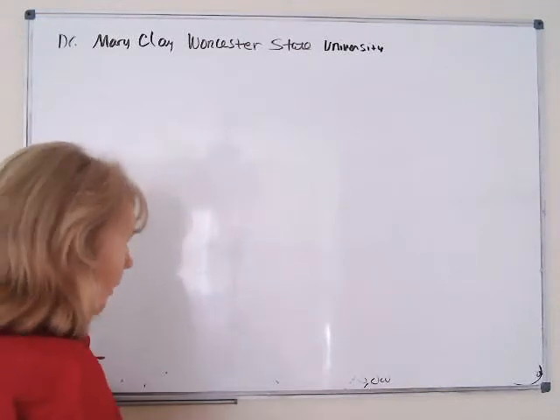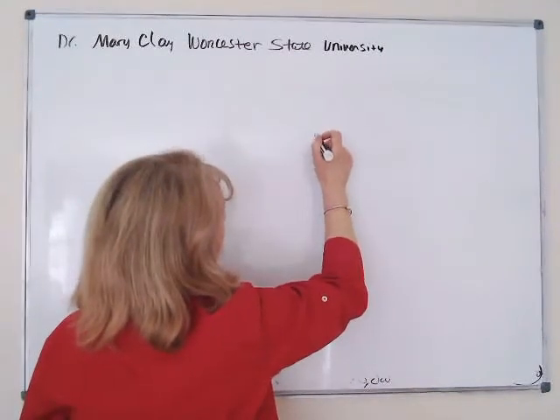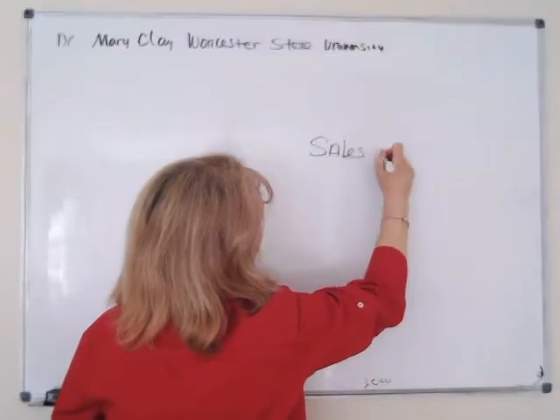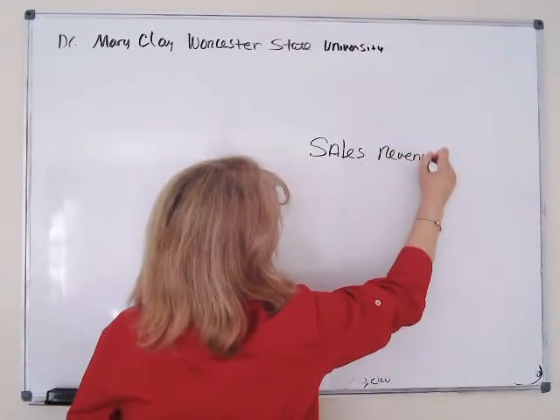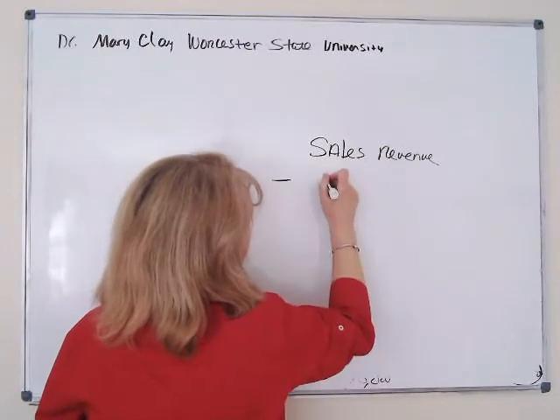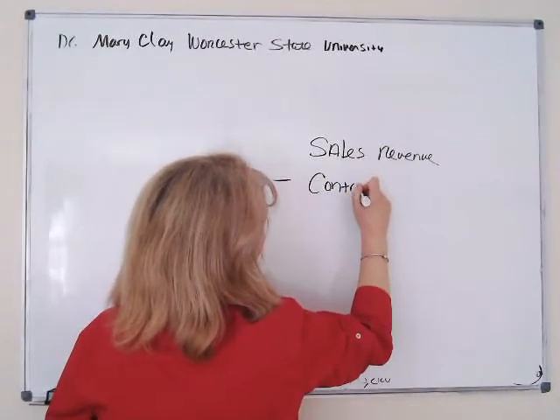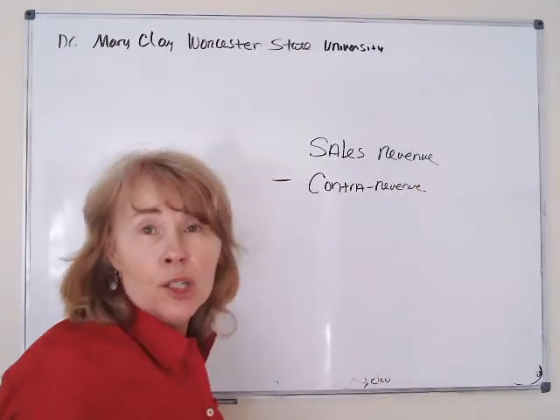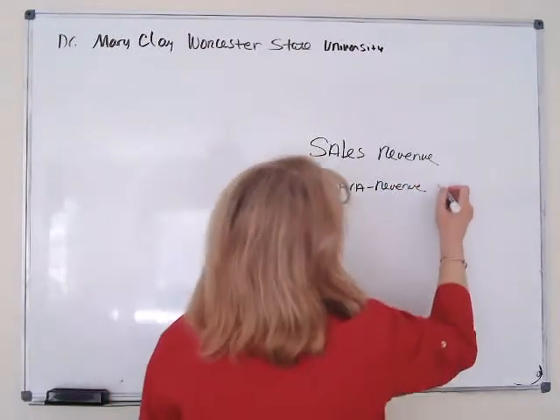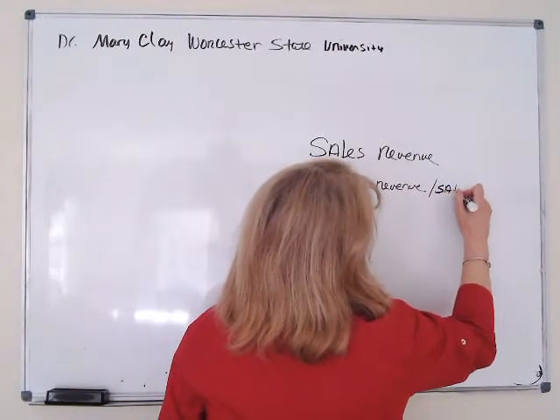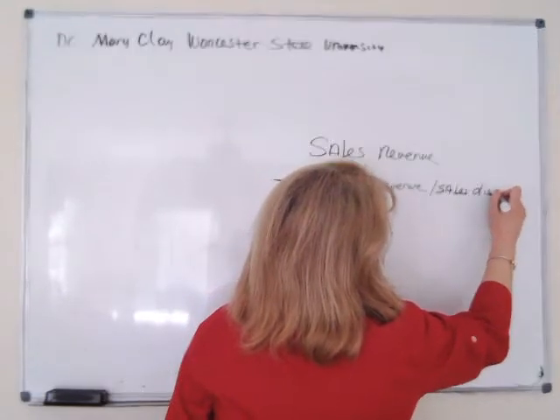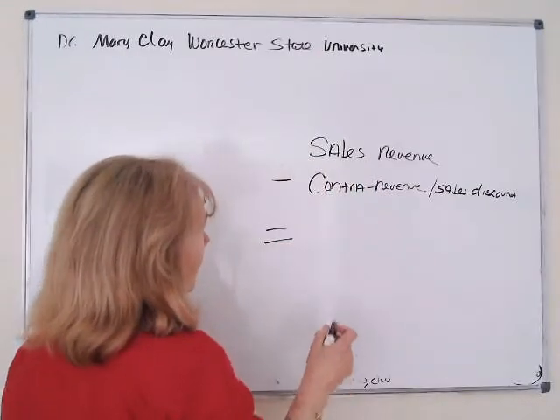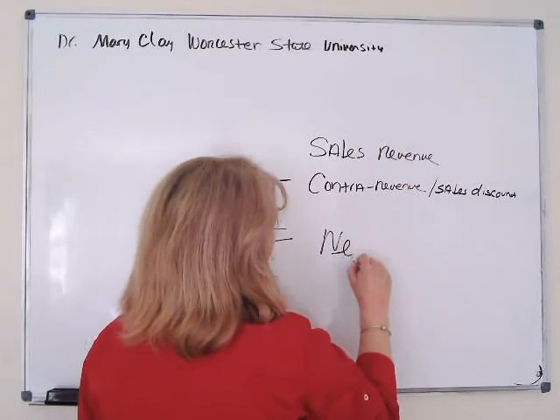Here's why not. How do you get net sales? Net sales are going to be your sales revenue minus any contra revenues. Well, what's the contra revenue you just learned? Sales discount. And that will equal net sales.